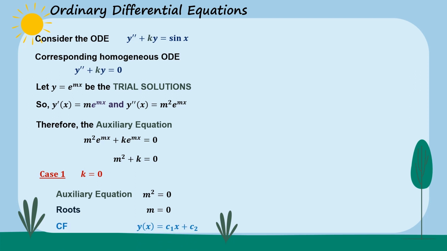Now, when m is equal to 0, we'll say that the CF, or the solution of the homogeneous part, or maybe the complementary function of the given differential equation, will be y1(x) equal to C1x plus C2. So what is that C1x plus C2? This is actually the way we will discuss that.